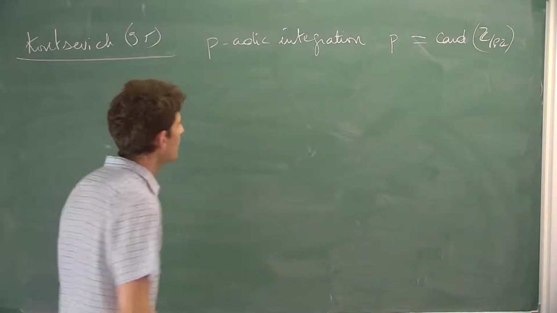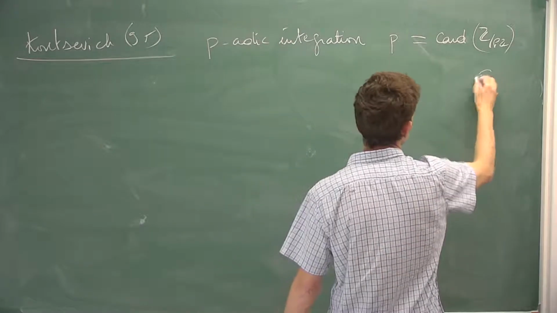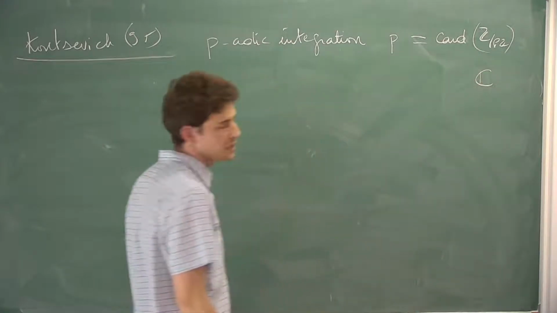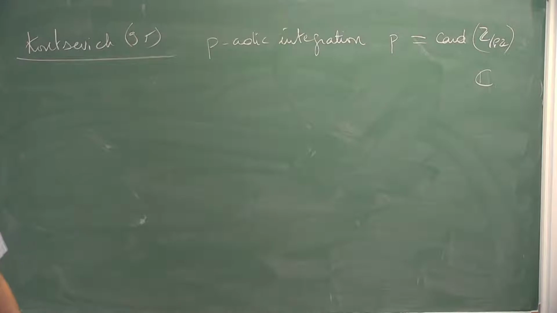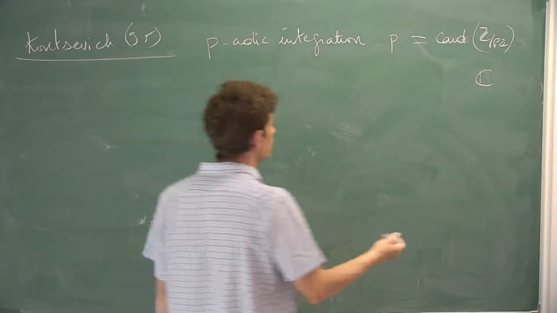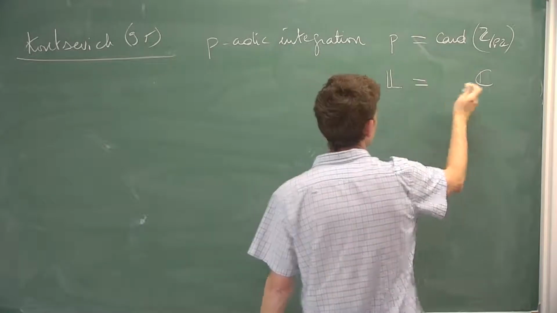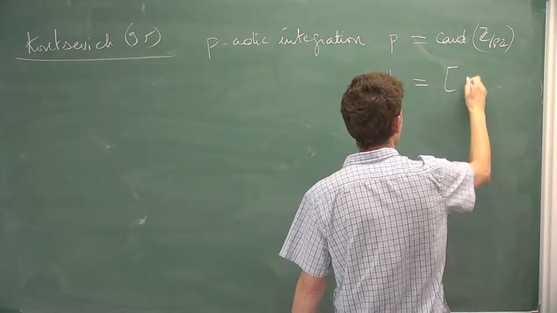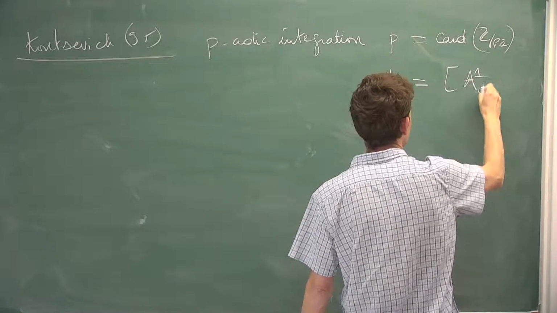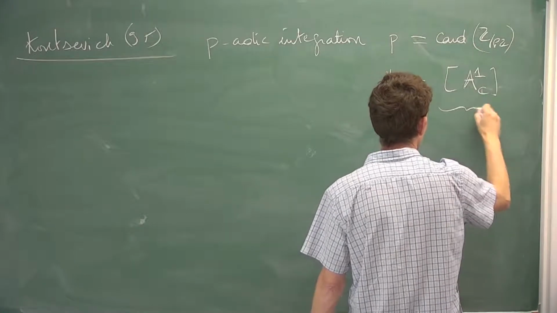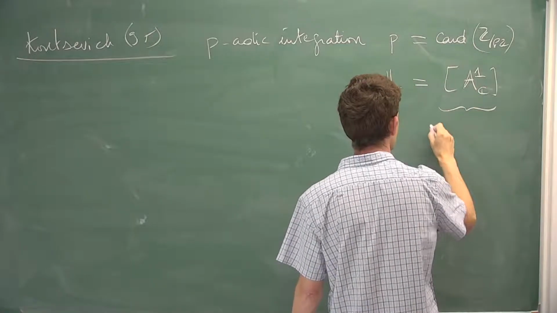Here we have the residue field is C, but there is no notion of cardinal because it's infinite. So the idea of Kontsevich is to say, okay, we will consider L, which will be the isomorphism class of the affine line above C.